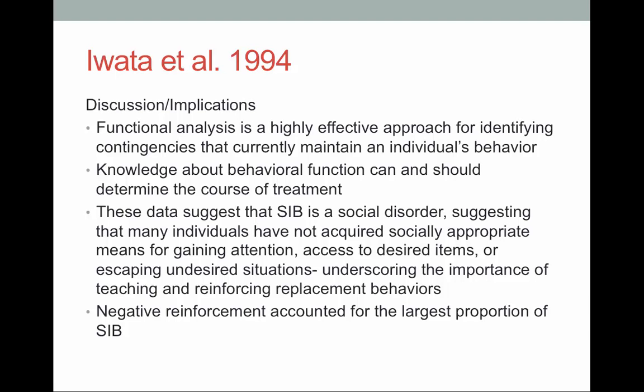However, a lot of the individuals that we work with with intellectual disabilities don't have those other behaviors, and so therefore they are forced to resort to a gross behavior, SIB, physical aggression, disruption, spitting, but highly effective way of being able to do that.